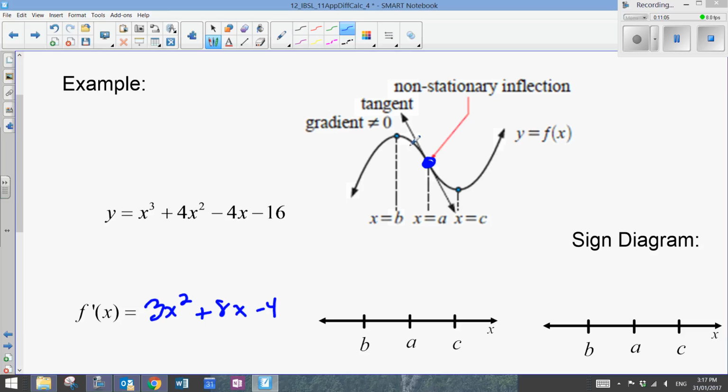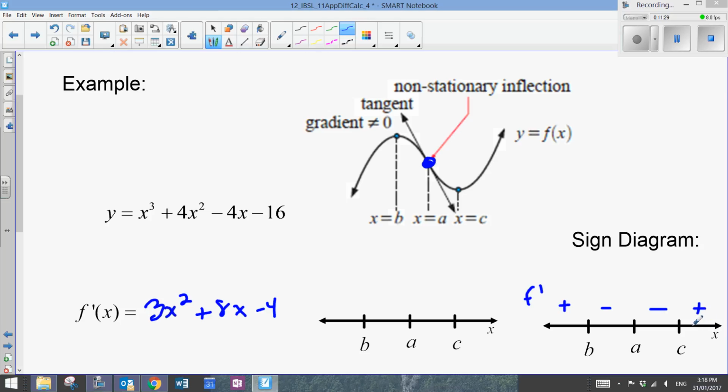So just based on this graph here, what would we guess our sign diagram for the first derivative would look like? So if you'd like to pause here and try this on your own, you're welcome to. So before b, the graph is increasing, then decreasing, then continues to decrease, and then increases again.